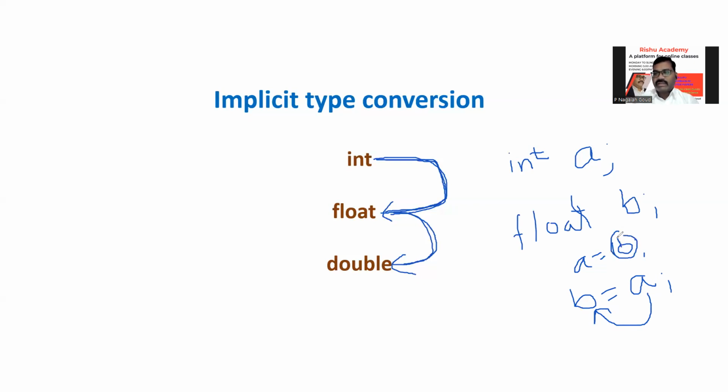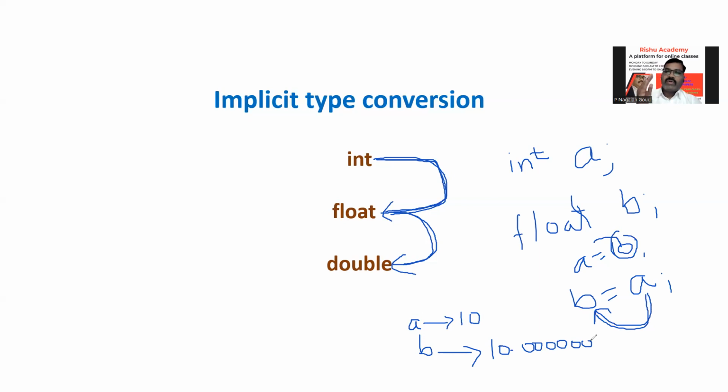Whenever you assign the integer value to a float variable, there is a gain of data. The variable gains additional data. So now, if you print a value, it gives 10. If you print b value, it gives 10.0000000, additional data. Gaining additional data is called promotion.